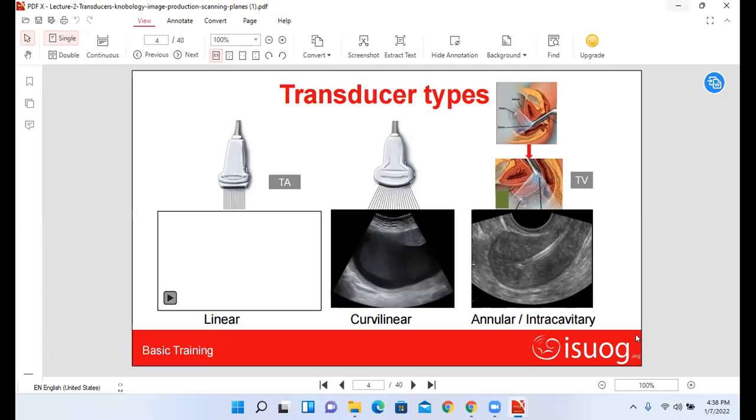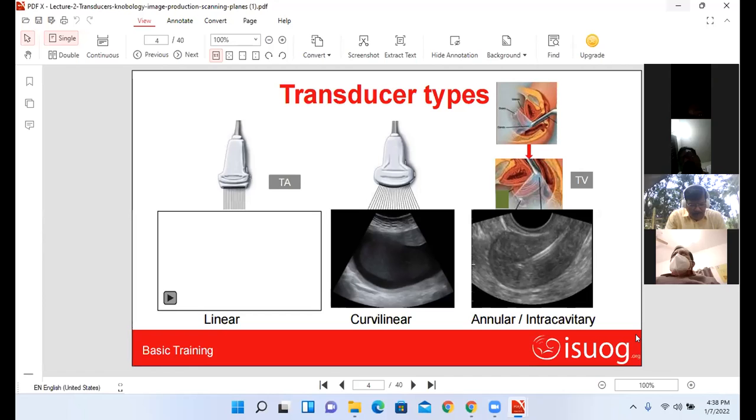Some people hang the transducer on the machine, but that's not the right way, because once it falls, the crystals will get damaged. So we have to take utmost care.